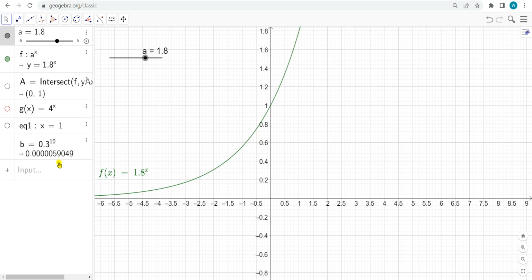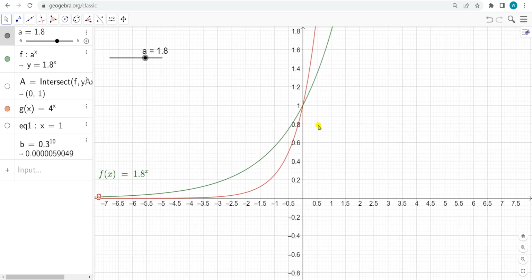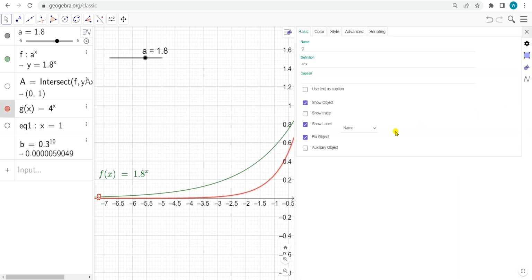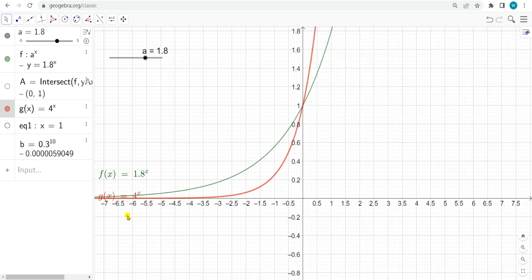And some questions will ask in this way. They will give you more than one graph to compare. Okay, suppose this one, that is y equals 4 to the power x, the red one. And the green one will be f(x) equal to 1.8 to the power x.